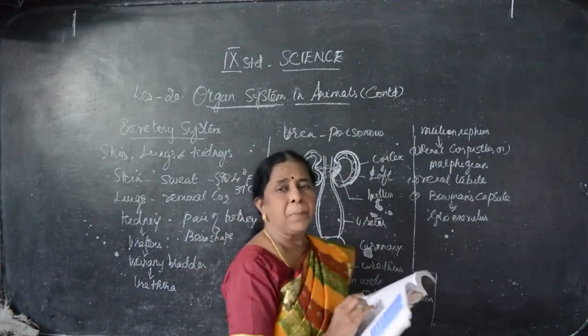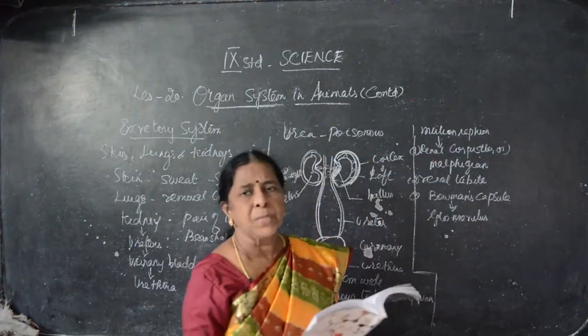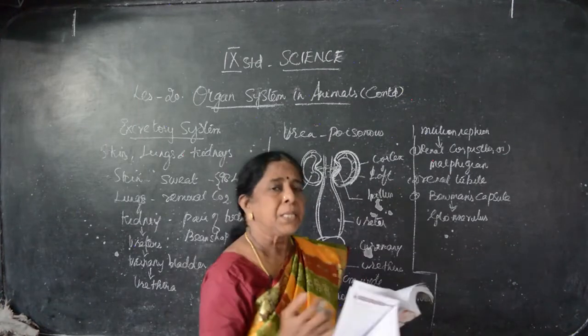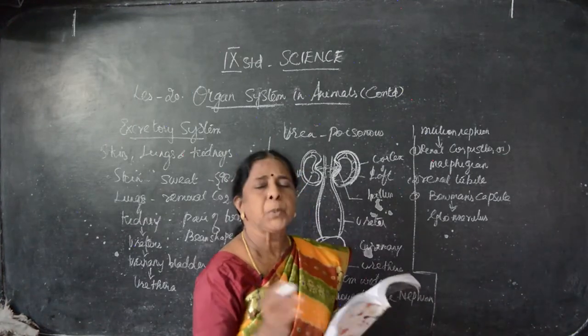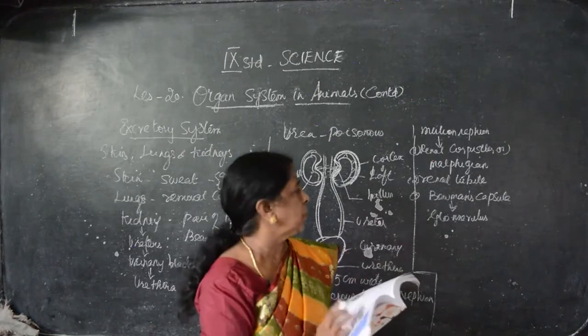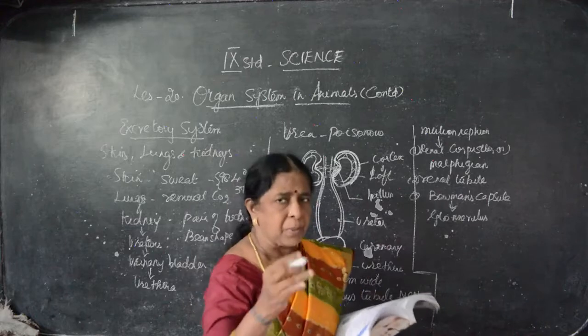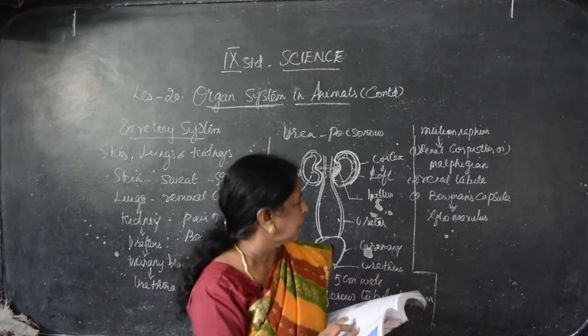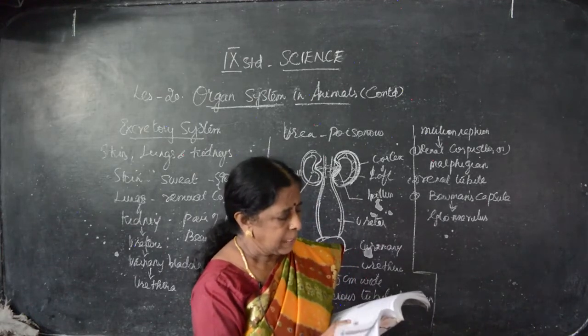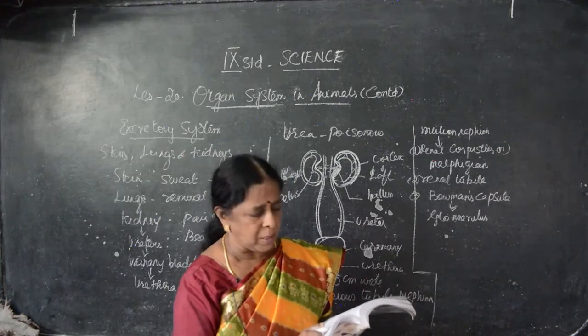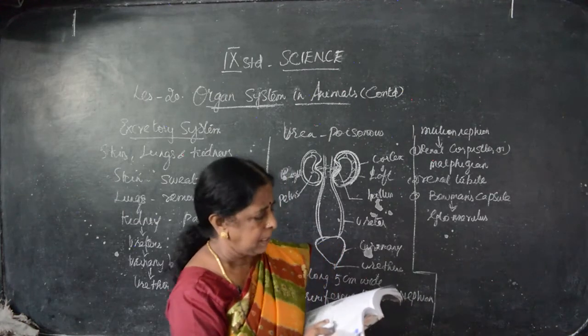What are the main parts there? Renal corpuscles, otherwise known as Malpighian tubules. Renal tubules are there. The renal tubule forms a cup-like structure known as Bowman's capsule. Inside the Bowman's capsule you can see a network of capillaries known as the glomerulus. Blood enters the glomerular capillaries through the afferent and efferent vessels.